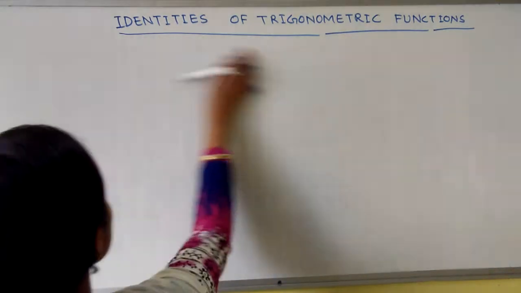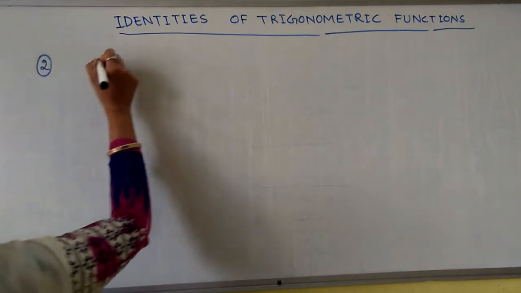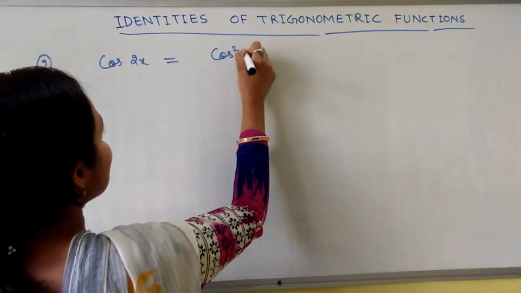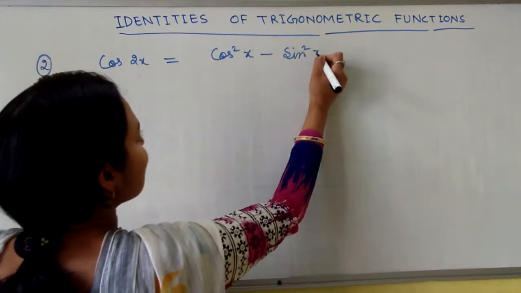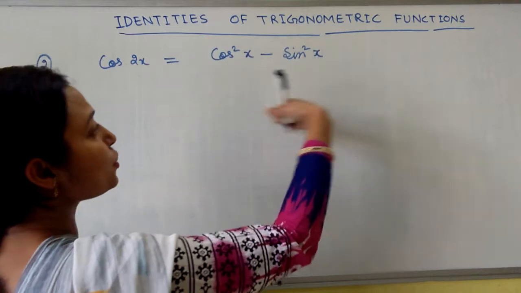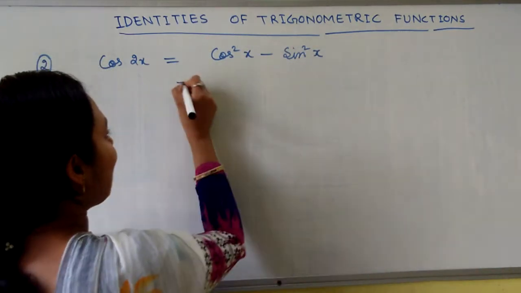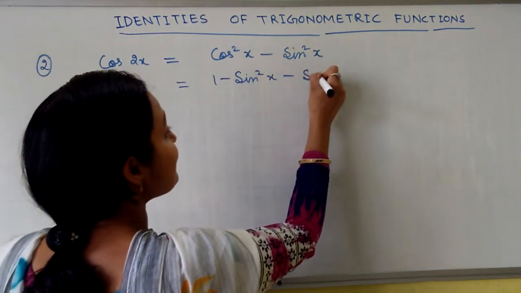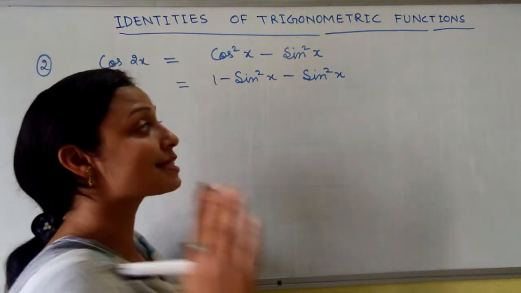So how can we learn the second type, that is cos 2x? That is equal to cos square x minus sine square x. This is a basic identity. If I want to change it into the form of sine only, I will write it as 1 minus sine square x. Can we write? Yes, there is one formula: sine square theta plus cos square theta is equal to 1.